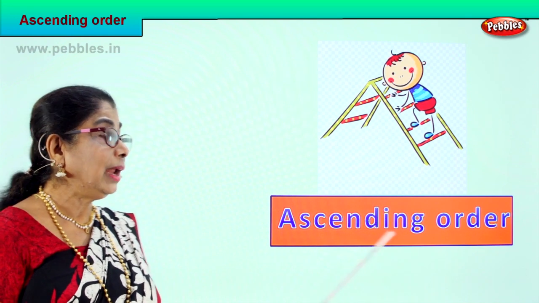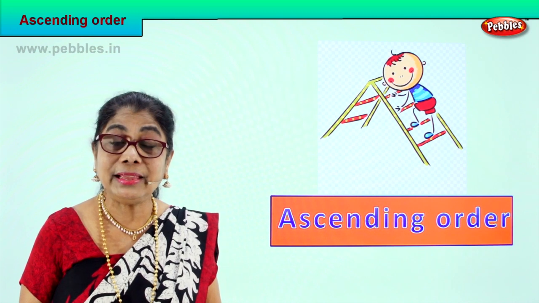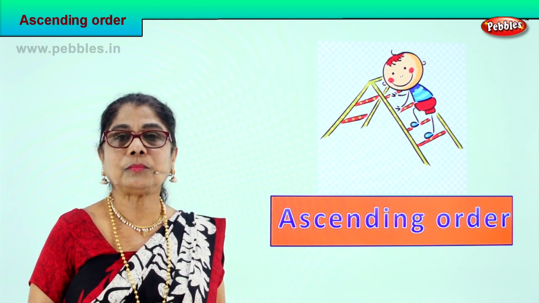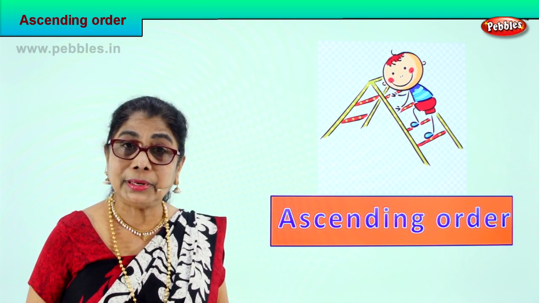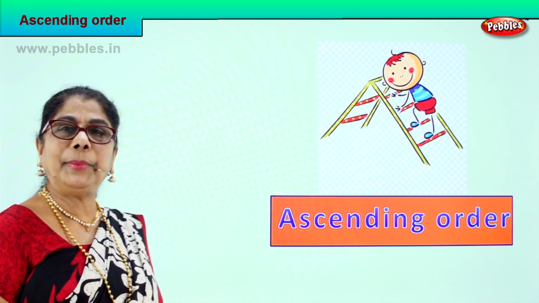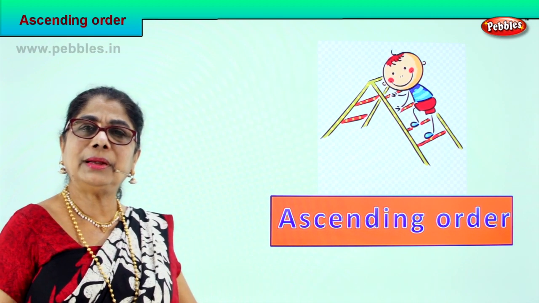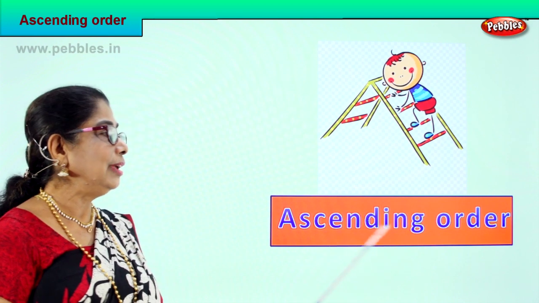So what we are going to do today is a very interesting exercise. I'll give you few numbers and we have to put them in order. We have to begin with small number, bigger, biggest. Ascending order.